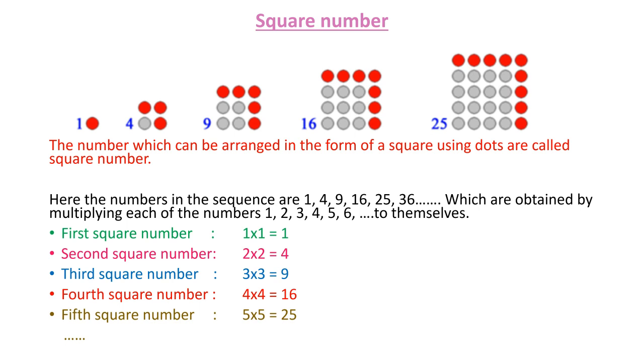Suppose you want to find the sixth square number, so you will multiply 6 into 6, that will give you 36. So after 25 the number coming is 36. The sixth square number is 36, which you obtain by multiplying 6 cross 6.